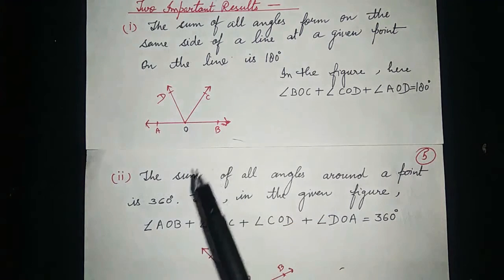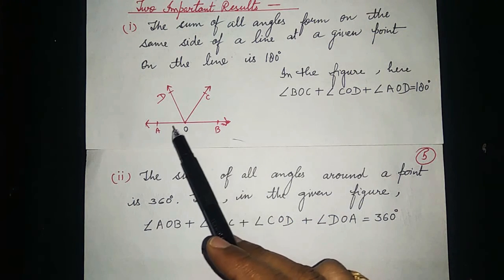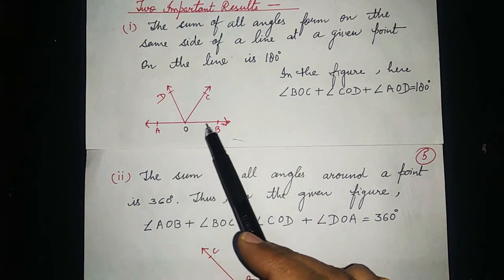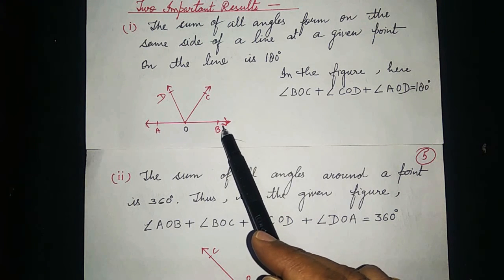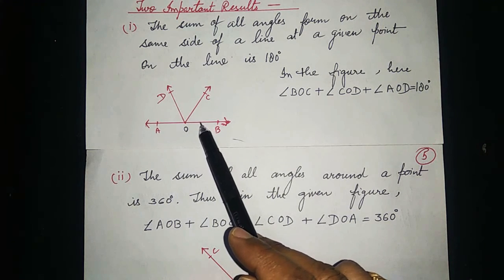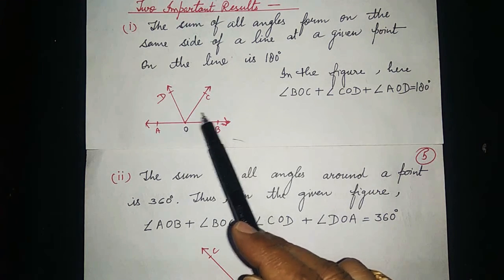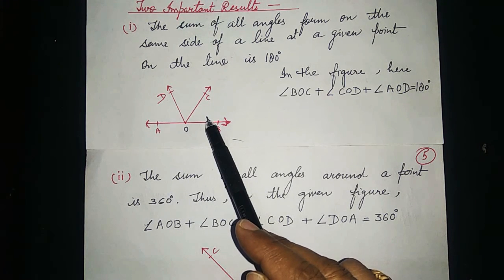So here you can say that these three angles are forming on a straight line. Okay? And measure of straight angle is 180 degree. So sum of these three angles is equal to 180 degree.